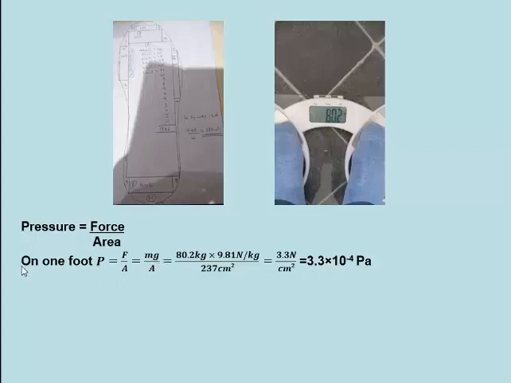And so if I'm standing on just 1 foot, my mass of 80.2 kilograms times the gravitational field strength on Earth of 9.81 newtons per kilogram over the area of 237 square centimetres gives me 3.3 newtons per square centimetre, or 3.3 times 10^4 pascals, as there are 10,000 square centimetres in a square metre. If I was standing on 2 feet, the pressure would halve.